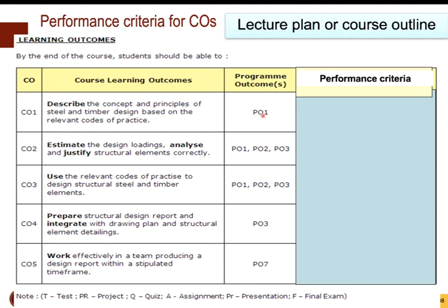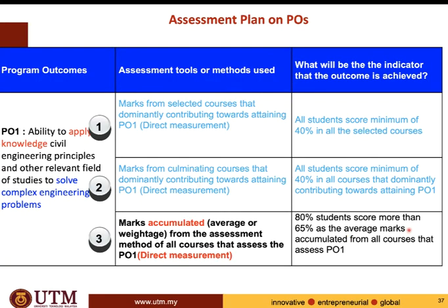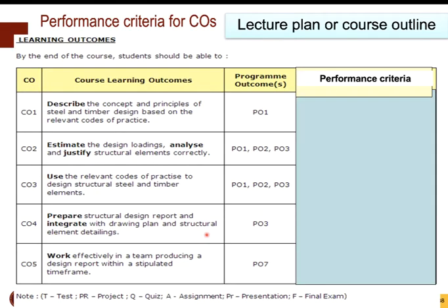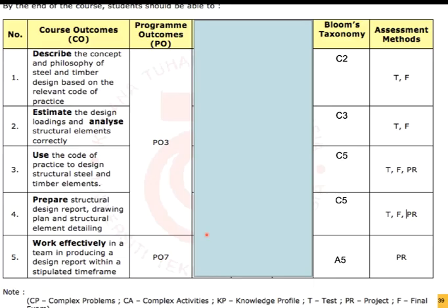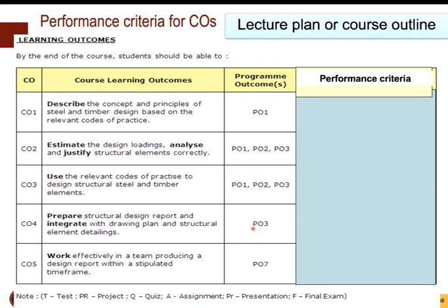CO1 is contributing to PO1, same as CO2 and CO3 contributing to PO1, and all this is being gathered with other courses as well, and then accumulated, either averaged or weighted. But in some other cases, instead of having so many outcomes to be measured, sometimes we just use the dominant POs.